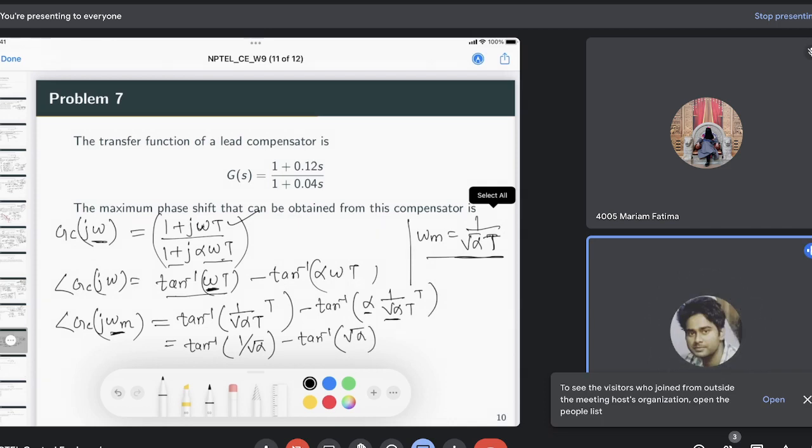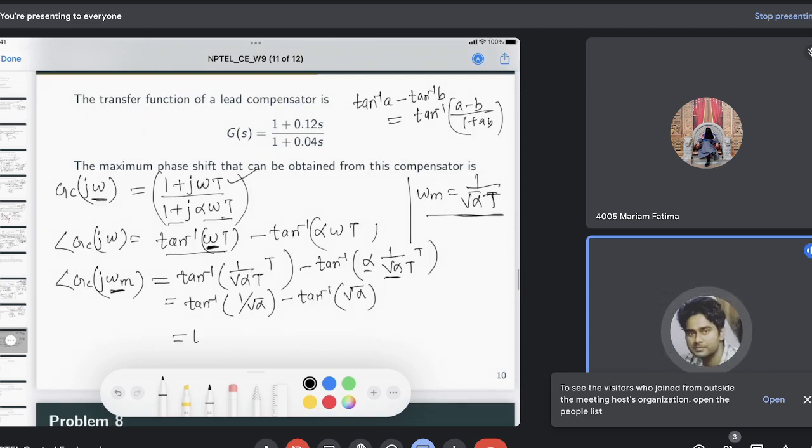So again we can use this tan formula, that is tan inverse of a minus tan inverse of b equals tan inverse of a minus b by 1 plus ab. So this will give tan inverse of 1 by square root of alpha minus square root of alpha, so this is a and this part is b, by 1 plus a into b. So 1 by square root of alpha into square root of alpha is 1.